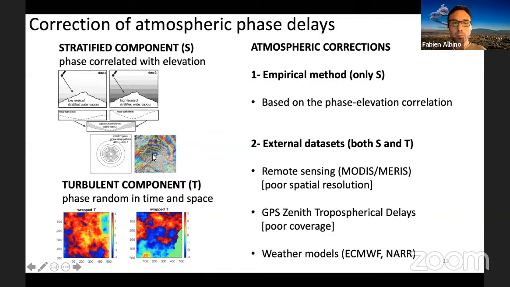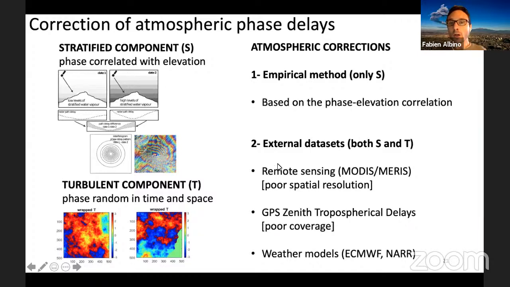Then there is a turbulent component that's supposed to be random in time and space. The simple method developed in the past was an empirical method based on phase elevation correction. The only problem with this type of correction is that it only corrects one part of the signal.